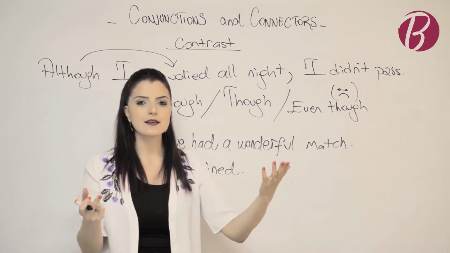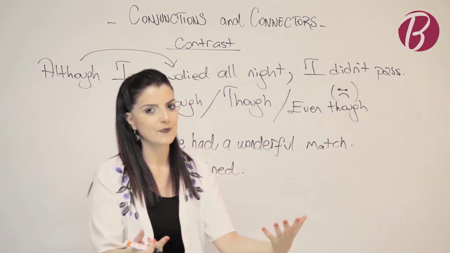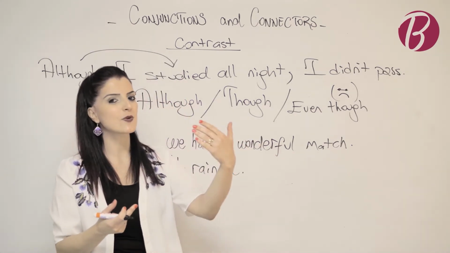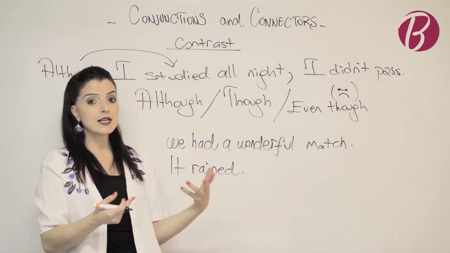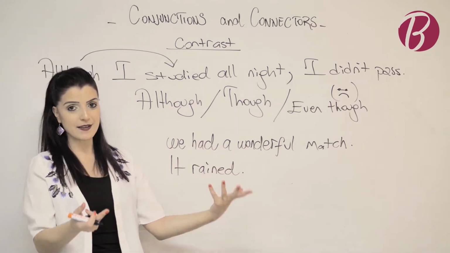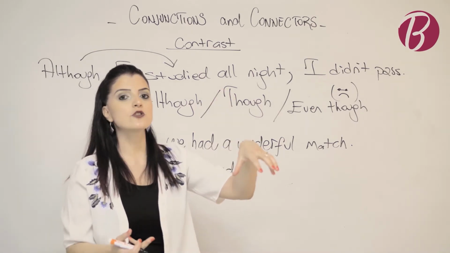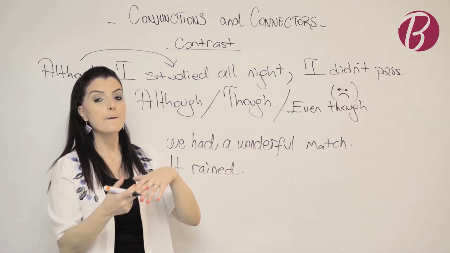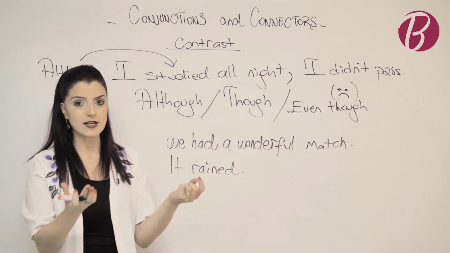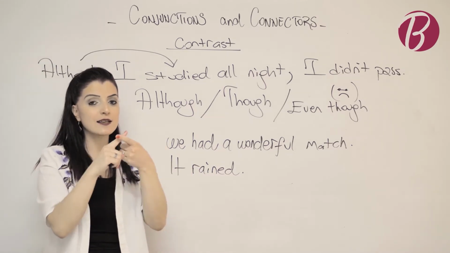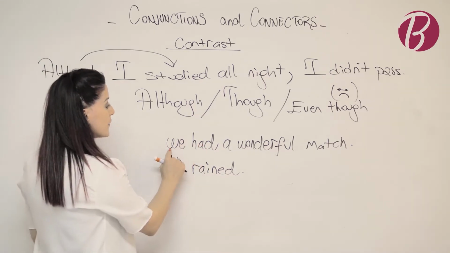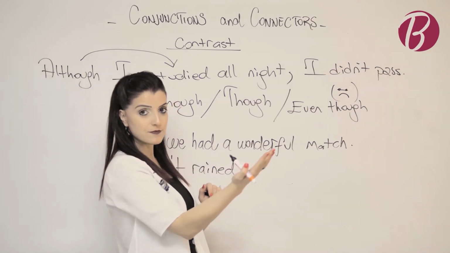So in this case, normally, under normal circumstances, we can't have a match. If it is raining, we should be inside. But there is a contrast. There is a very interesting result. We had a wonderful match.